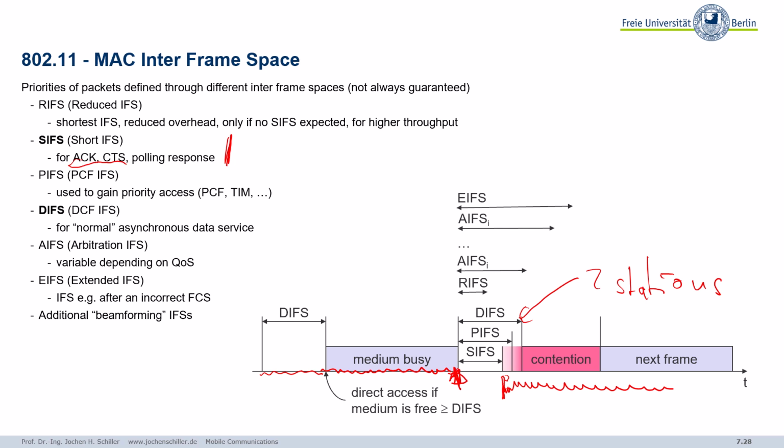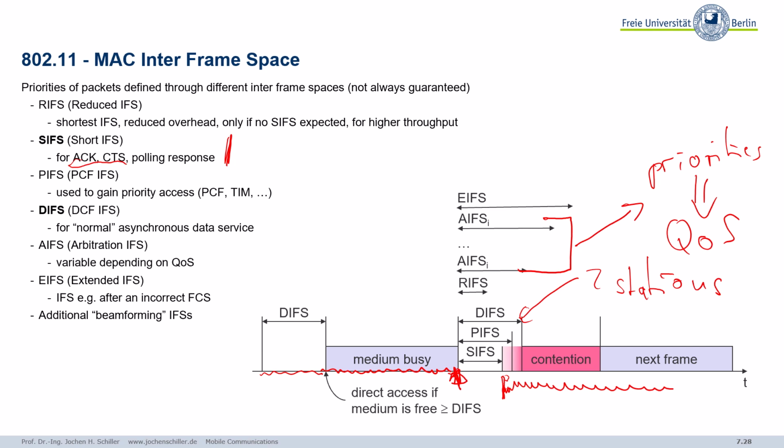What else can we learn? We have the arbitration IFS, and this is how we implement priorities. And with the help of priorities, quality of service. That means if you have a lower priority, background traffic for example, you have to wait for a longer AIFS time.